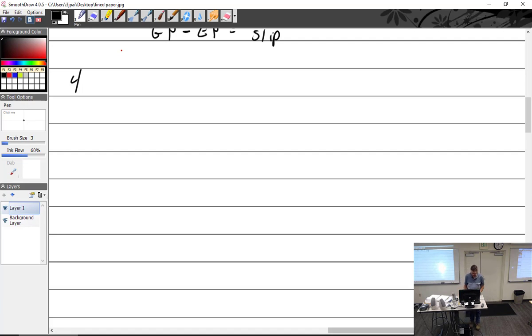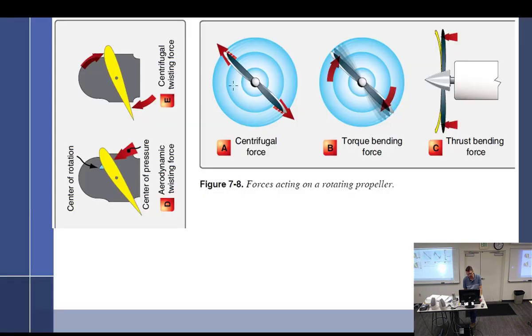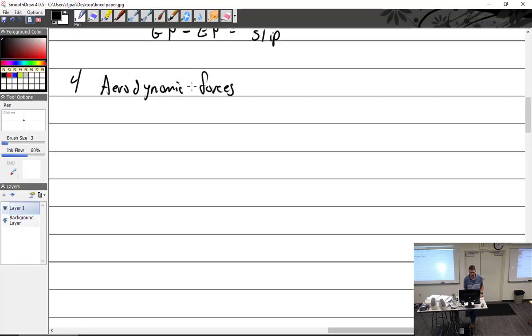All right, aerodynamic forces. It should just be forces, really. Yeah, it's just forces. I don't know why aerodynamic. All right, so the first one is centrifugal. Remember, there are two centrifugals: just centrifugal, and then centrifugal twisting force.